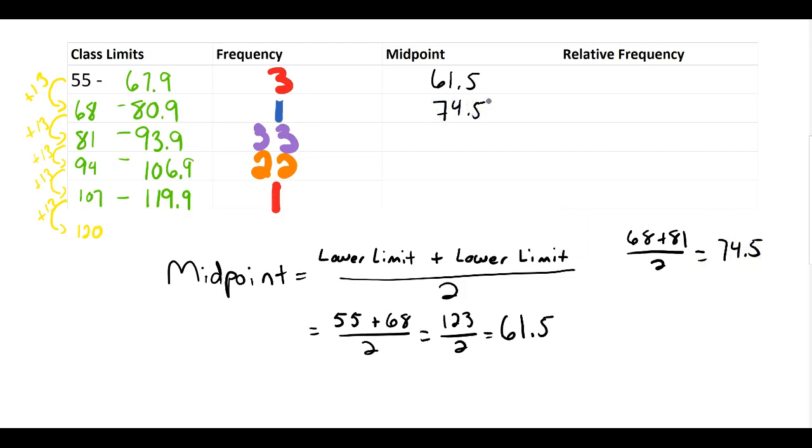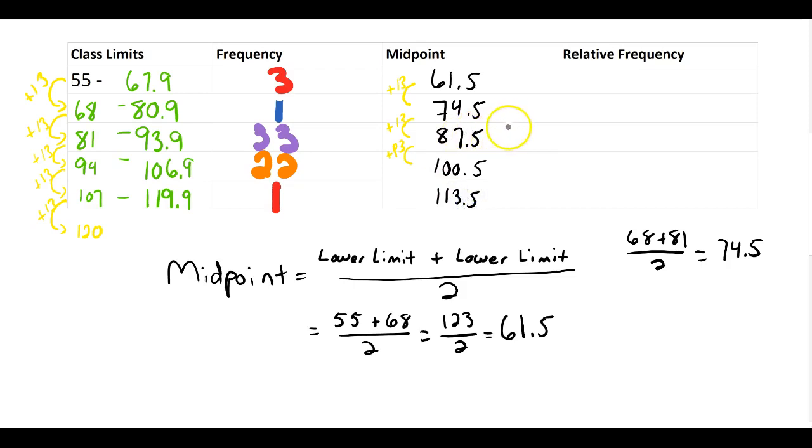Now you'll also notice that my class width was 13. The difference between my midpoints is actually 13 as well. So I could just get my first one and then add 13 each time. Okay? And I would get 87.5, 100.5, and 113.5.